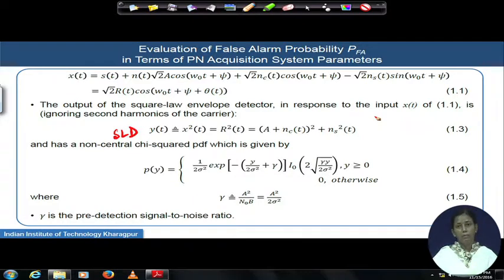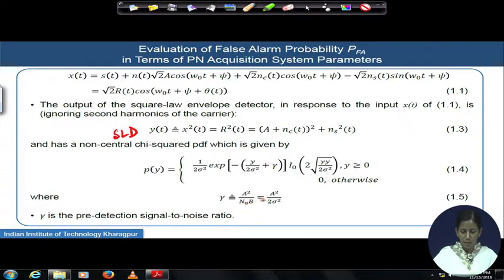And it can be easily proved also that this y(t) will have a non-central chi-square distribution, and it will have a PDF governed by the non-central chi-square distribution, which is written as this, where I0 is the Bessel function of the first kind, and gamma is the signal to noise ratio.